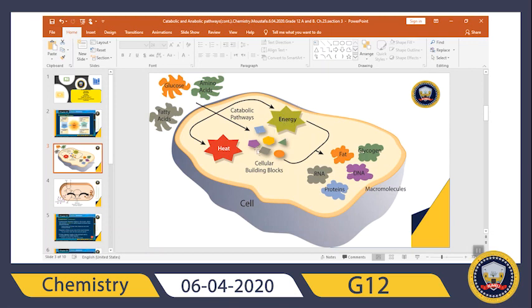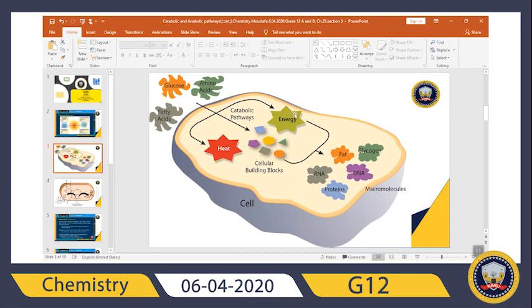Some of these small particles will go out of the body, and the energy is produced as ATP and NADH.